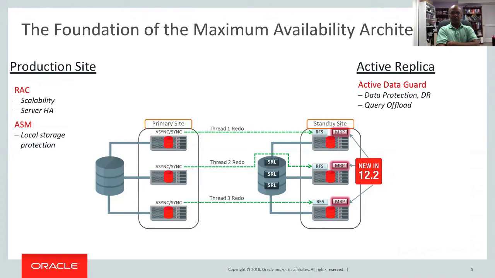So for example, the default is maximum performance now. Basically what that says is, I'm going to have standbys. I may not have any standbys, you'd still be in max performance, but for the sake of argument, I've got a standby. I'm going to send to it asynchronously because I don't want any performance impact to my production workload, my production application, my production system.